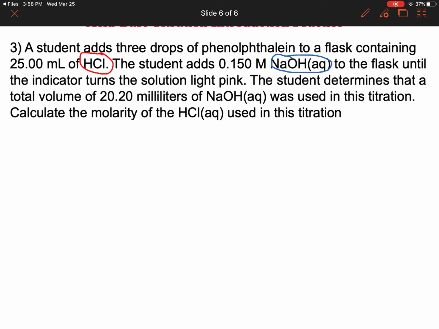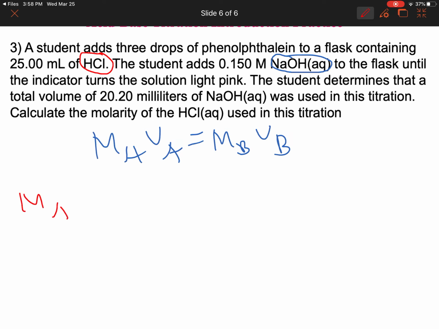Once we find out what the acid and the base are, we're just going to be using MAVA equals MBVB. And if we're going to be using that, we need to identify our variables. So what's your MA? What's your VA? Let's get that from the problem. Does it tell us the molarity of the acid?